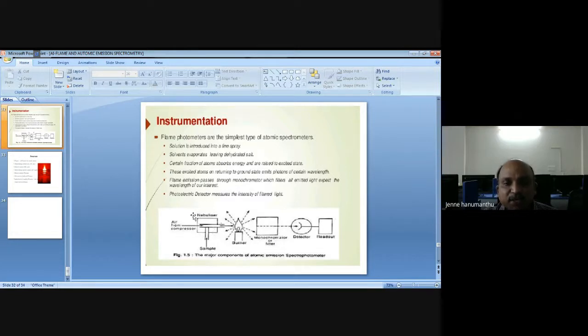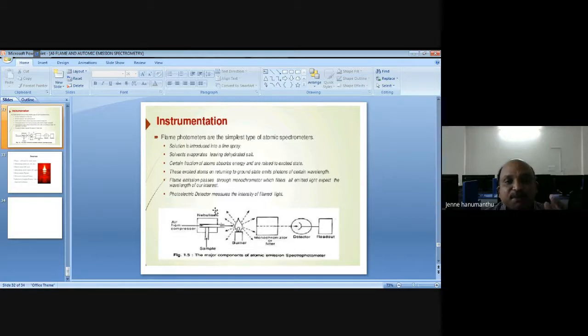With the available compressed air pressure, the material of the sample looks like a spray.